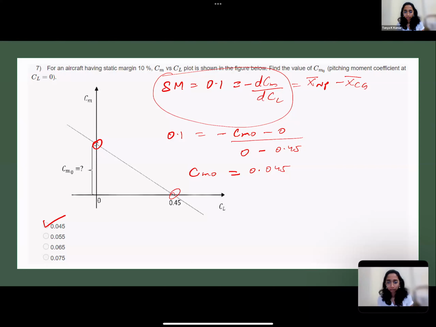So, can someone tell me why should CM naught be positive? Trim, positive, yes. It is to trim your aircraft at a positive angle of attack. All right, so to trim your aircraft at a positive alpha. So it's just desirable to have your CM naught positive. It's not a mandatory condition for stability.